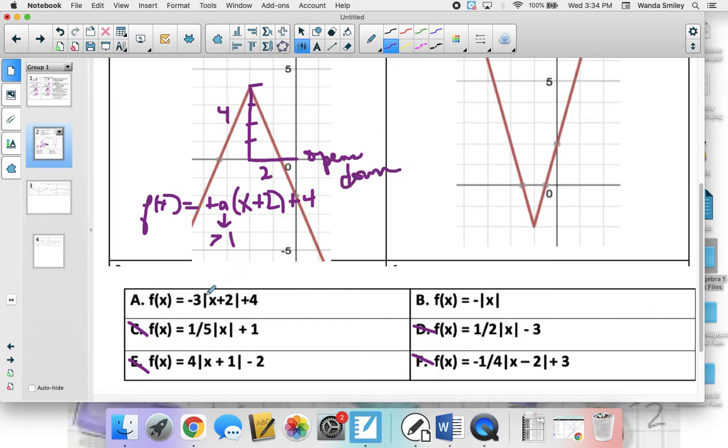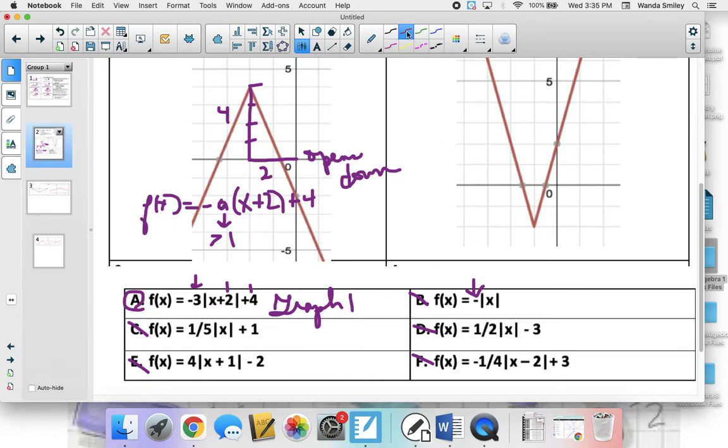Okay. So this one has a number greater than 1, whereas this one doesn't, as far as it's not a positive, it's a negative. That was where I made a mistake. It's negative A. Ooh, Miss Smiley's tired. Okay, so it's either -3 or -1. This one has my +2 and my +4, and this one does not, so it's not B, so that means A is graph 1. Okay?